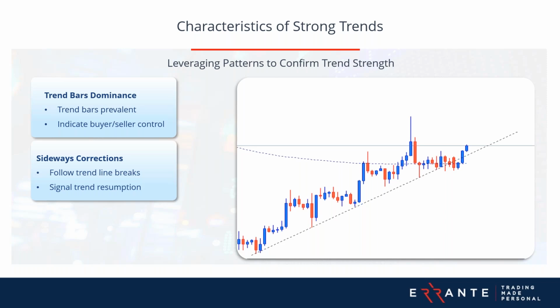Far from signaling a weakening trend, this lateral movement underscores the market's resilience and its underlying strength to resume the trend. So, identifying the sideways corrections is crucial for traders, as it signals not the end of the trend but a pause, offering strategic entry points for those looking to capitalize on the trend resumption.